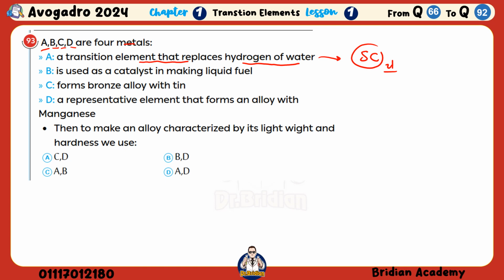B is used as a catalyst in making liquid fuel, iron 26. C, forms a bronze alloy with tin, is copper 29. A representative element that forms an alloy with manganese is aluminium 13.